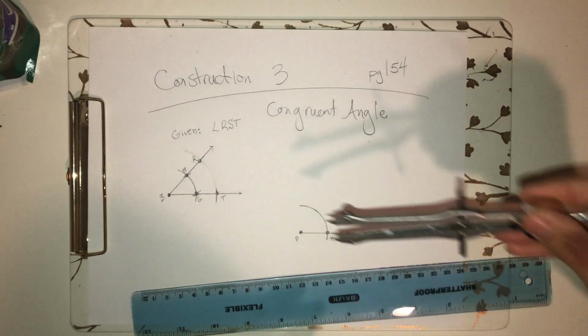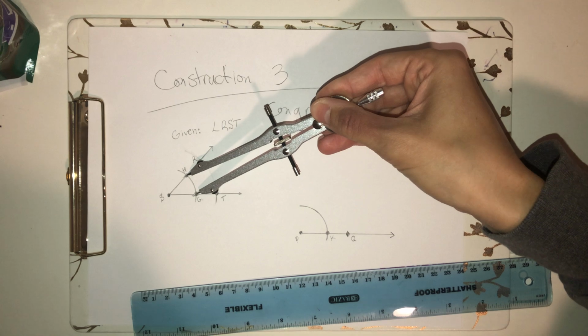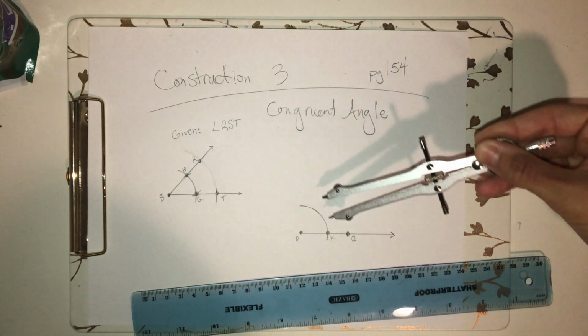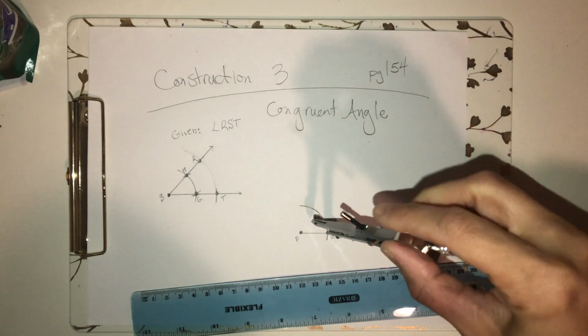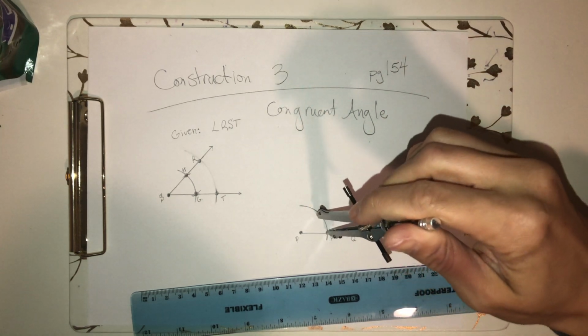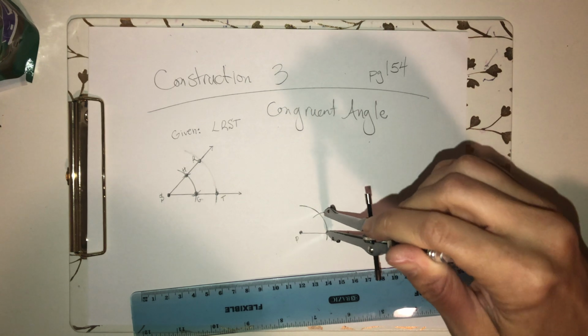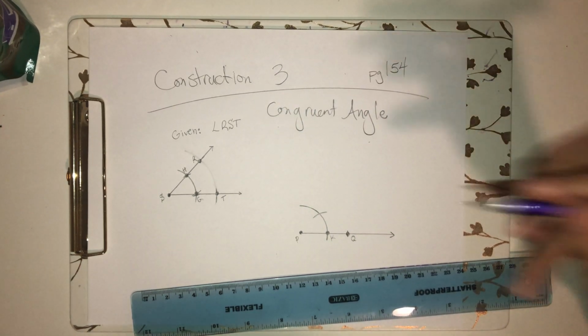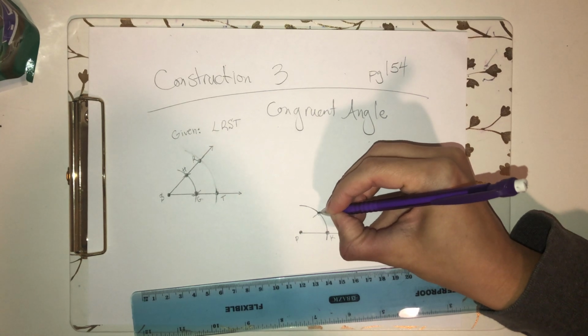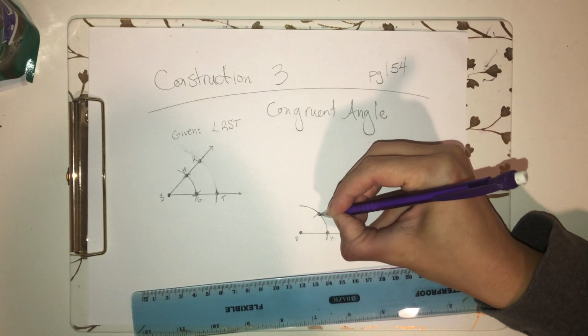So now, capturing this distance from G to H in the original angle, go on over to the angle that you're constructing, center at K, and make an arc that crosses the first arc that you drew in this construction area.